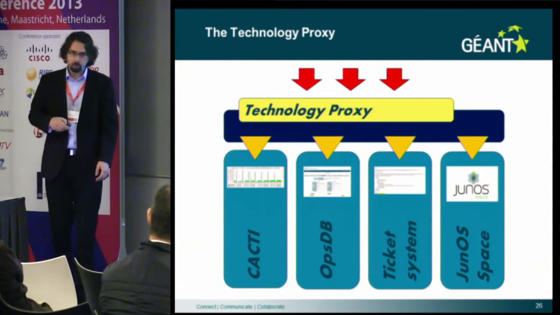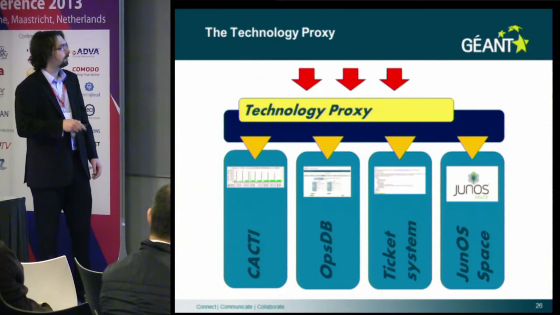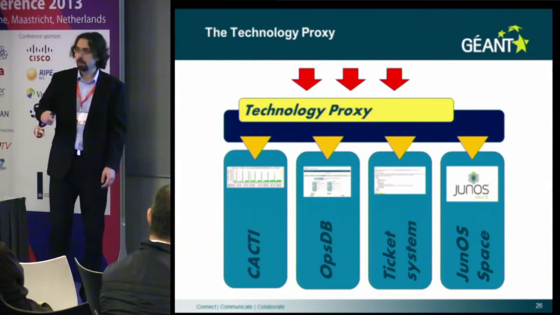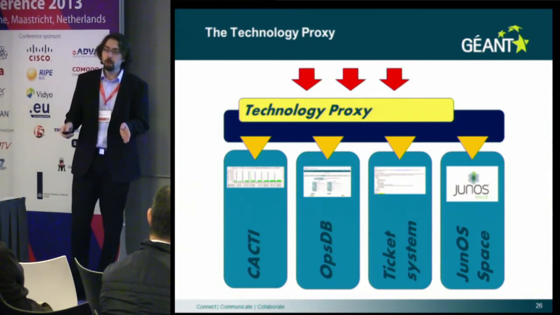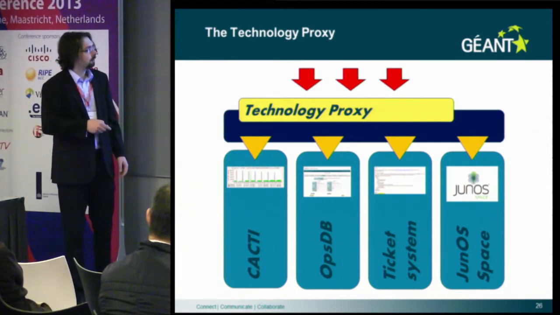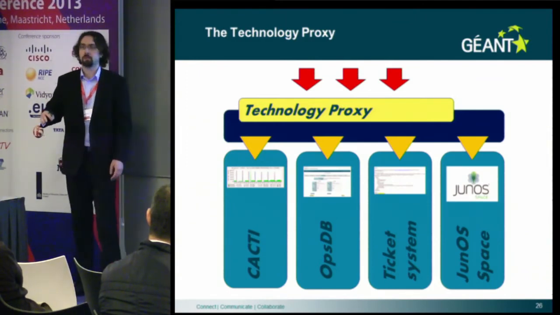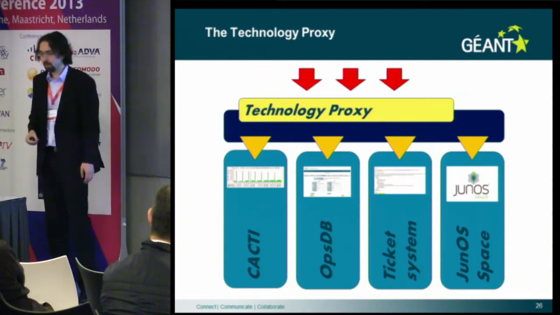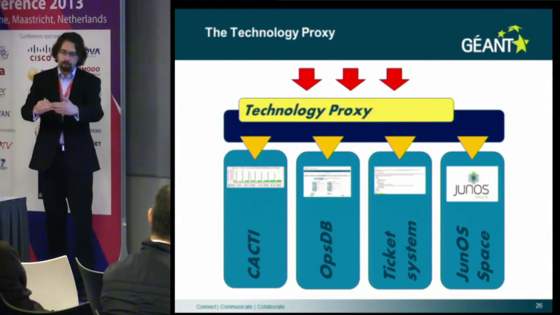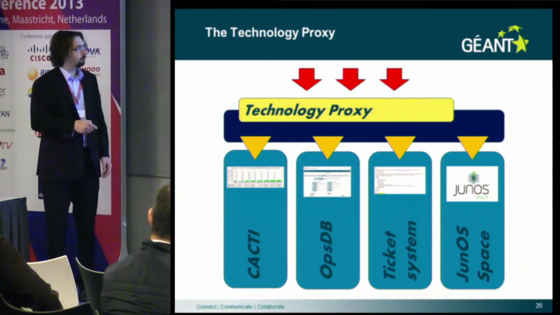Then the technology proxy has the ability to get feedback from Genospace or a timeout, and says, okay, I have a problem, something is not right, I can't configure the circuit. So the technology proxy interfaces with a ticket system, and it will raise a ticket saying, I can't create circuit A, B, C, there is an error, or we have a list of alarm messages that exist, and the ticket is automatically raised.